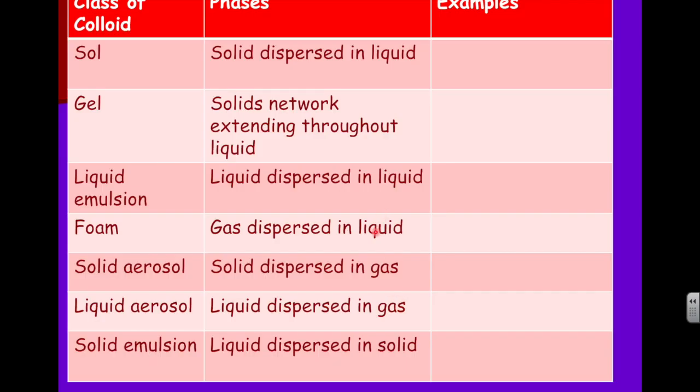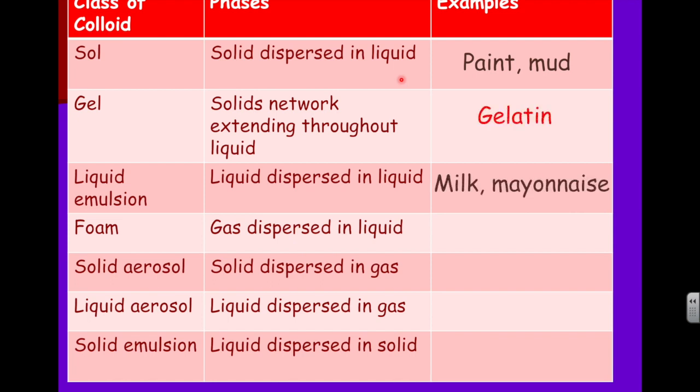So there are several types of colloids here. There's the sol, which is a solid dispersed in a liquid. It could be like paint or mud. The gel is a gelatin. Liquid emulsion could be like milk or mayonnaise. Kind of weird, right? A foam, kind of like shaving cream or whipped cream.